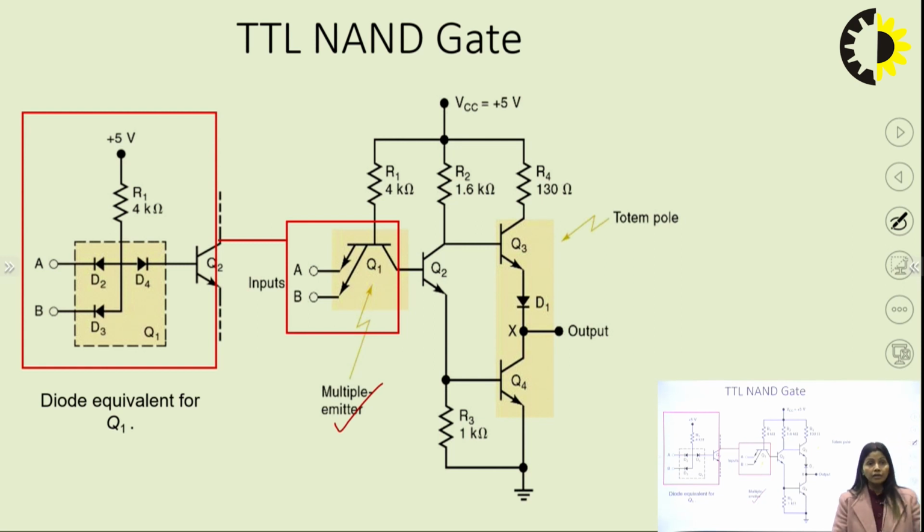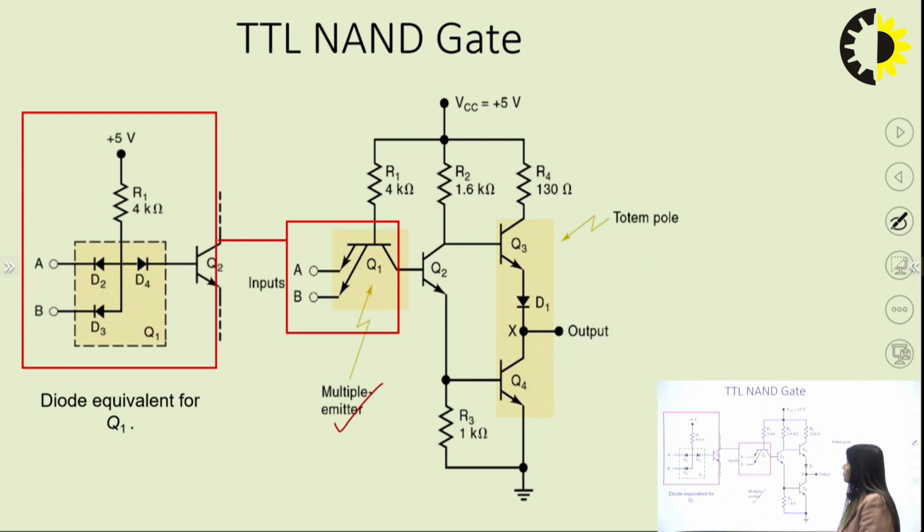There is one diode D1 connected between Q3 and Q4: D1 is at the emitter of Q3 and at the collector of Q4. Both transistors are NPN transistors. So there are two things we need to remember: first, the multiple emitter transistor, and second, the totem pole arrangement of transistors, right?